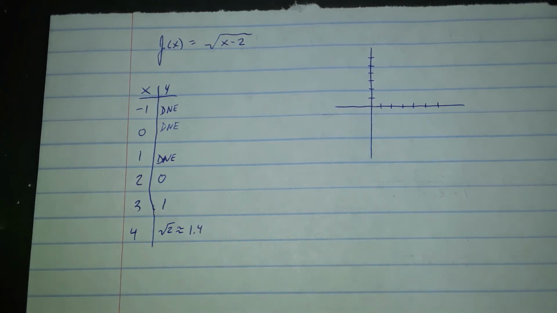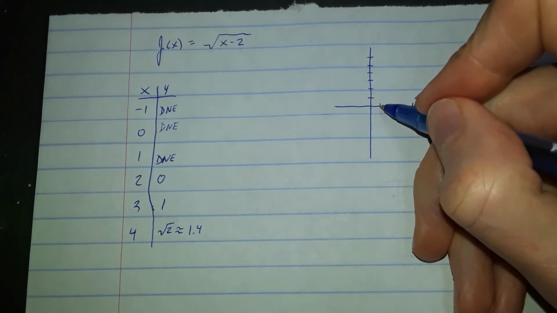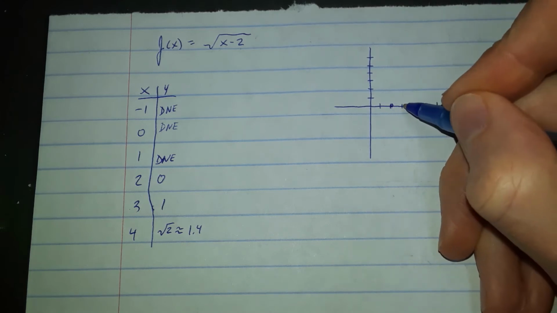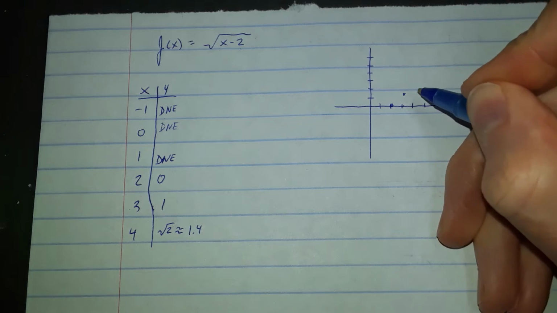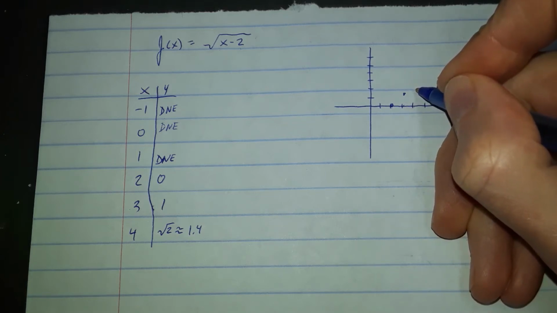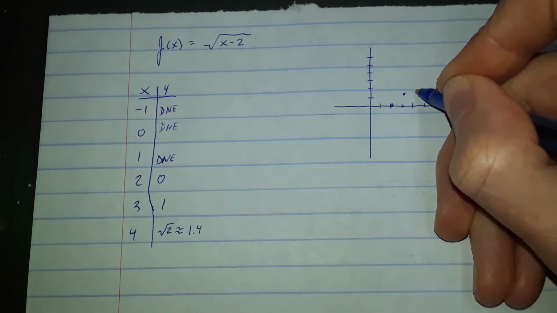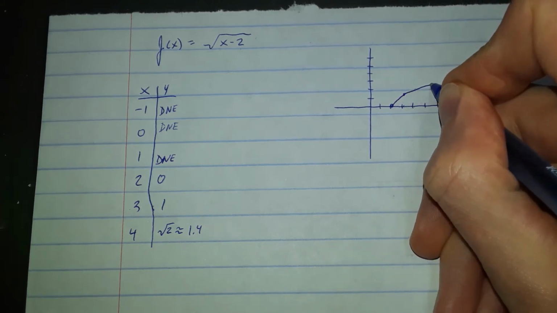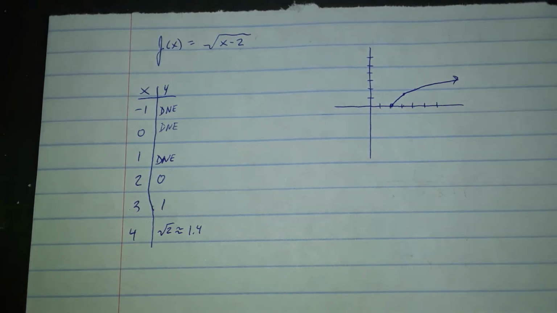At 2, I'm at 0. At 3, I'm at 1. And at 4, I'm at 1.4. So I have this kind of a graph.